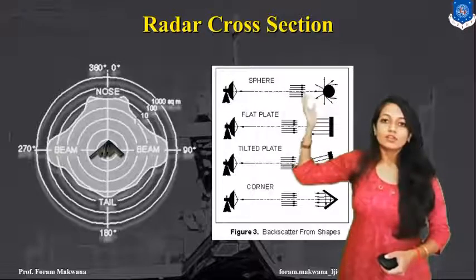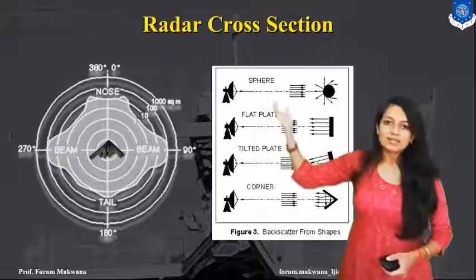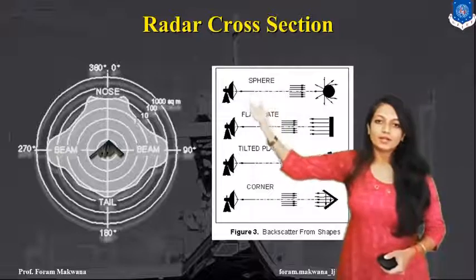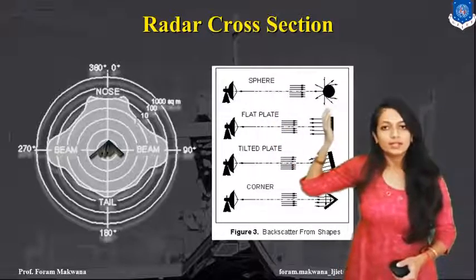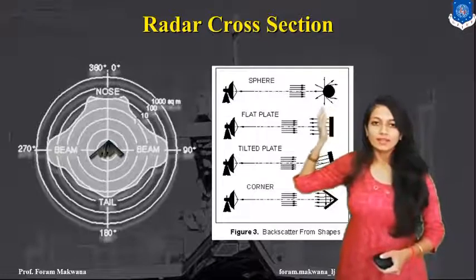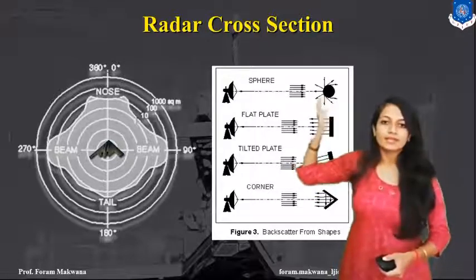If I transmit the signal from the radar antenna to a spherical target, the signal is going to be scattered.